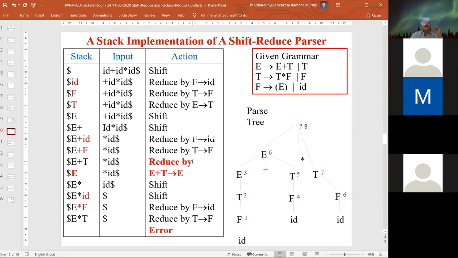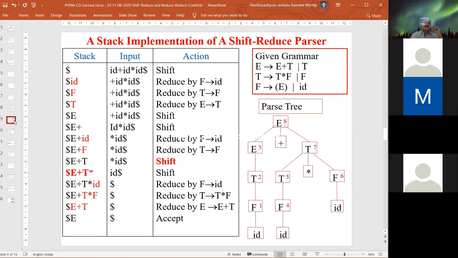In the previous case, even though E plus T can be reduced, we chose the shift operation, and we successfully reached the accept state that we identified here.